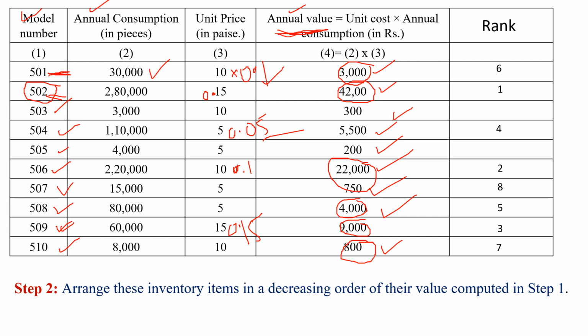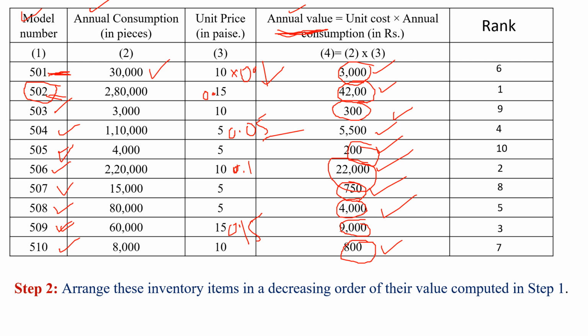The next highest is 750 for the 507 model, that is rank 8. The next one is 300 rupees for the third item, 503. The last one is 200 for the 505 model number.